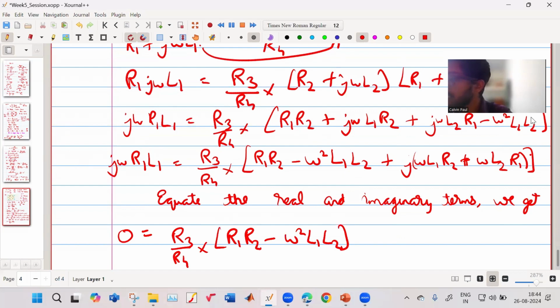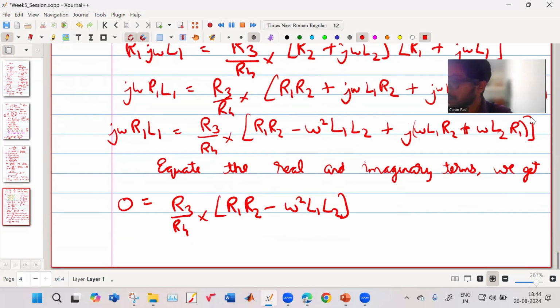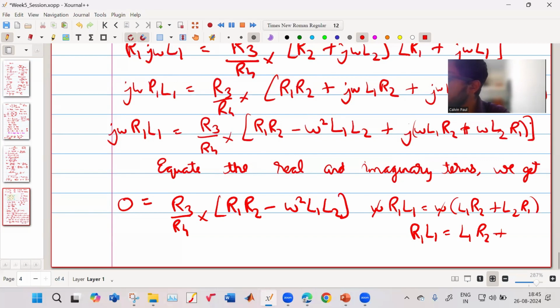And the imaginary term: omega R1 L1 is equal to omega L1 R2 plus L2 R1. Omega and omega get cancelled, so we get R1 L1 is equal to L1 R2 plus L2 R1.